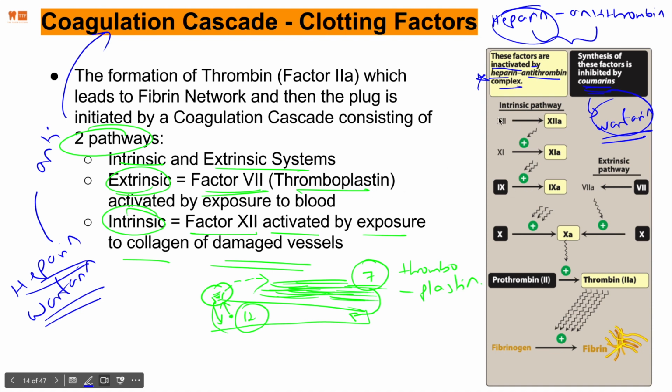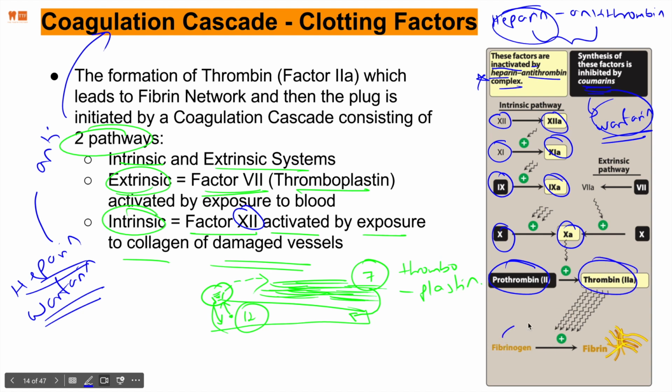So the intrinsic pathway, remember we said that factor number 12 gets activated to factor 12A. That then activates factor 11 to 11A. 11A activates number 9 to 9A. 9A activates number 10 to 10A. 10A turns prothrombin into thrombin. And remember what thrombin did?